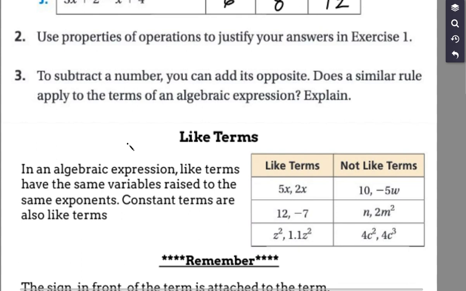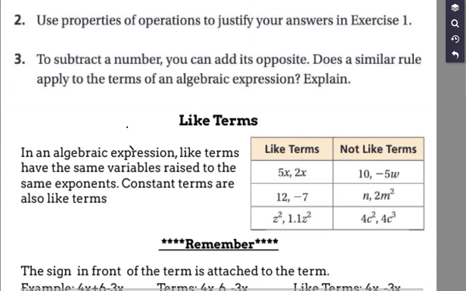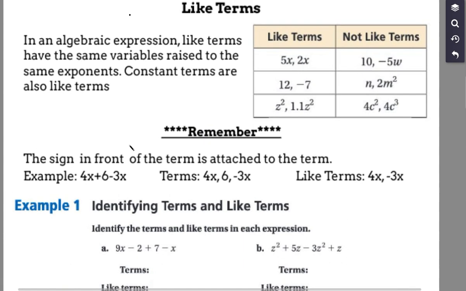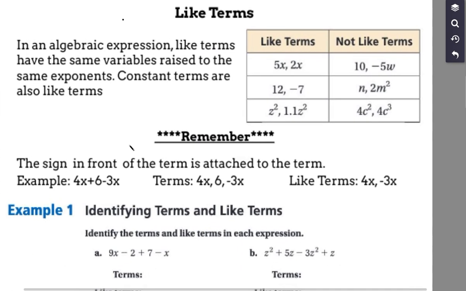Okay. Now let's look at like terms. Like terms, we've already talked about a little bit, but in an algebraic expression, like terms have the same variables raised to the same exponents. And constant terms are also like terms. Okay, so we can see right here, like terms are 5x and 2x.